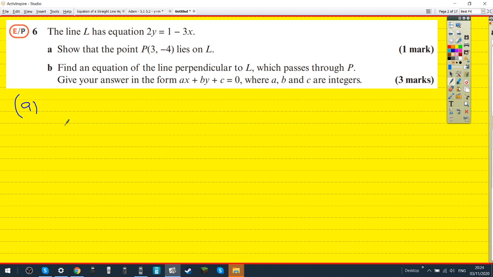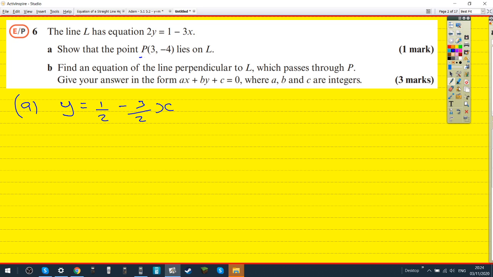So for this question, do we just want y at the start of the equation? Yeah, that's a good start, I think. Okay. So you divide everything by 2, which gives you y equals a half minus 1.5x.